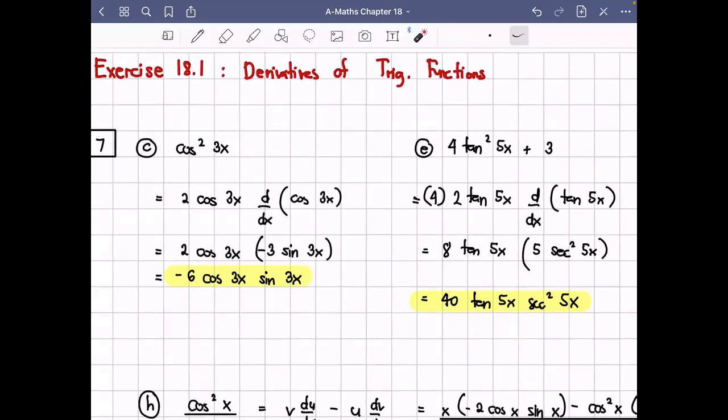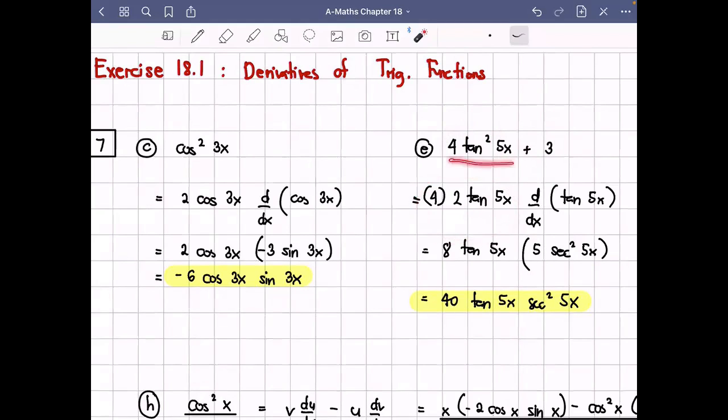Letter E, so we get 4 times tangent squared of 5x plus 3. So this was what I was talking about a while ago. If you see any question like this, you can just disregard that. So it becomes 4, and then 2 here is multiplied with 4. That's why I have 4 and 2 here. And then 2 minus 1 is 1, and then bring down tangent and 5x. So we have this.